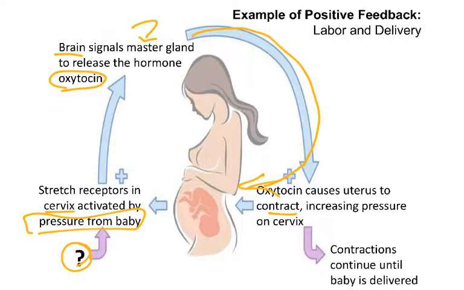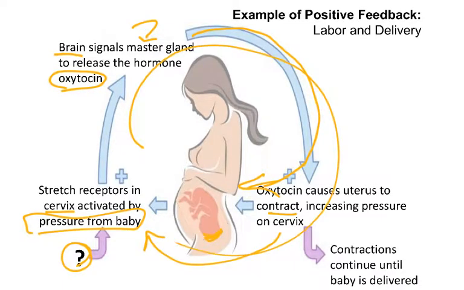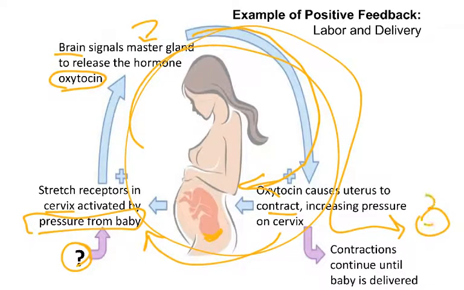When the uterus contracts, it forces the baby's head down farther into the cervix, and that leads to increased stretching, and it goes on until out pops the baby.